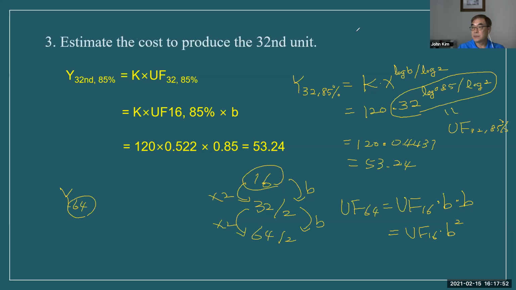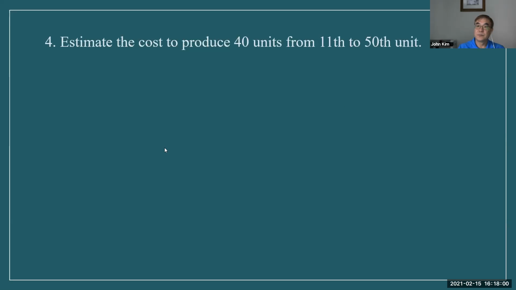Next. Example number 4: estimate the cost to produce 40 units, from the 11th to the 50th. 40 units, not single but multiple, that means cumulative.